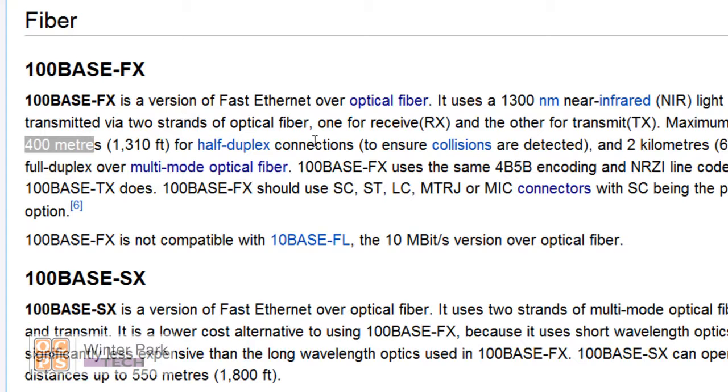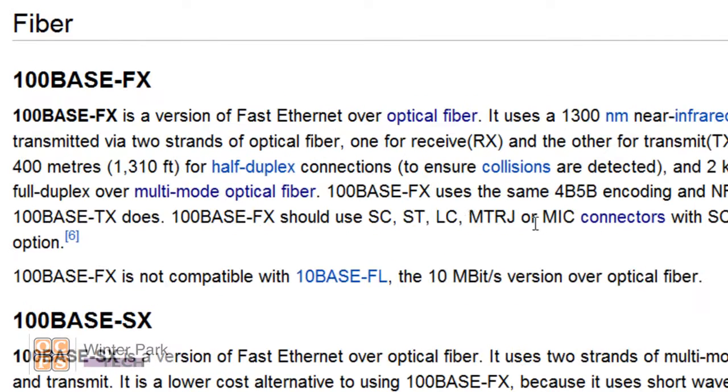So this was one of the first where we really began to use a lot of fiber optics. The transmission distances were basically two. If you were using half duplex, then you could only get about 400 meters, and that was because of collision detection. You could go up to 2 kilometers, about 6,600 feet, if you use full duplex over multi-mode.